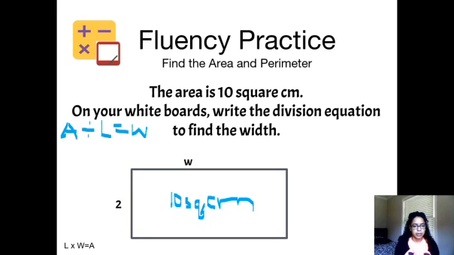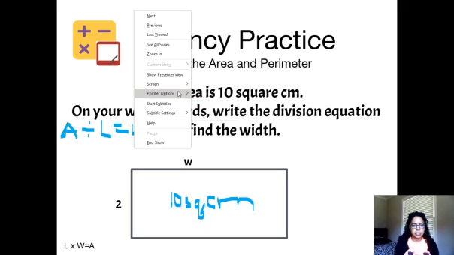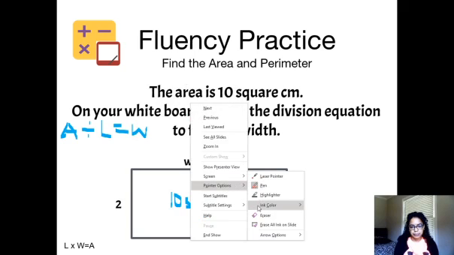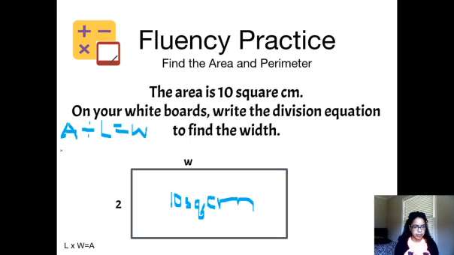equals width. Alright, and now I'm going to go ahead and just go to the pen, since I don't have that much space. And change up the color here. So here we go. I'm going to put 10 squared centimeters divided by 2 centimeters, equals the width.